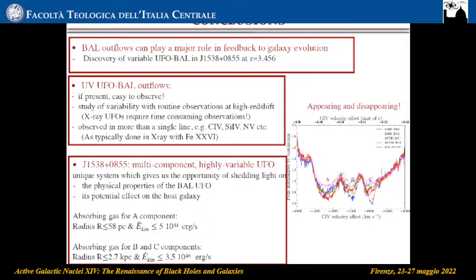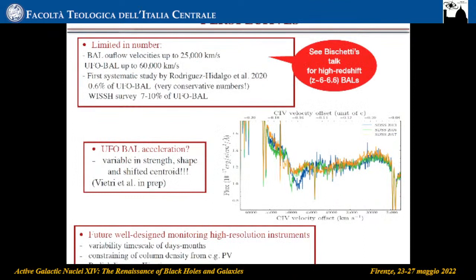And this is my last slide. Such ultra-fast outflows are limited in number, and up to now the BAL outflows are searched up to a velocity of 25,000 kilometers per second, and see the Biscaletti talk for very high redshift BALs, and instead for the UFOs we can reach up to 60,000 kilometers per second.